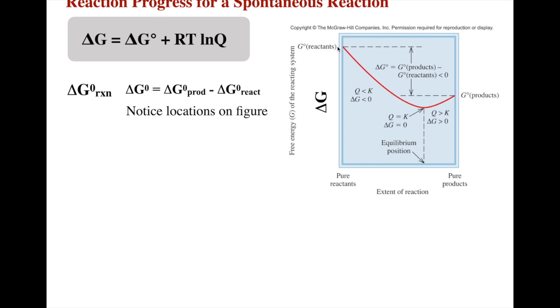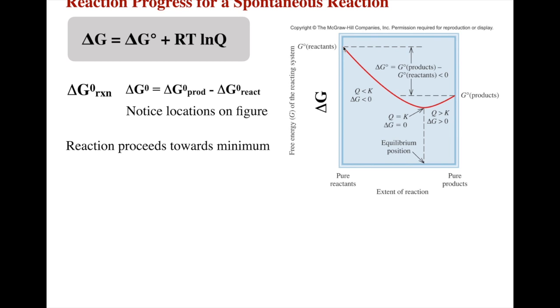The y-axis is delta G. The reactants are on the left, just reactants, and the products are on the right. So the extent of the reaction proceeds from pure reactants to pure products.